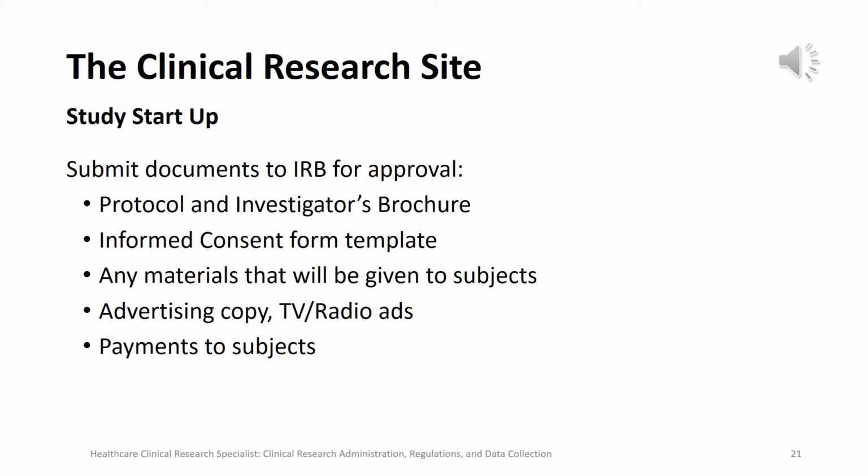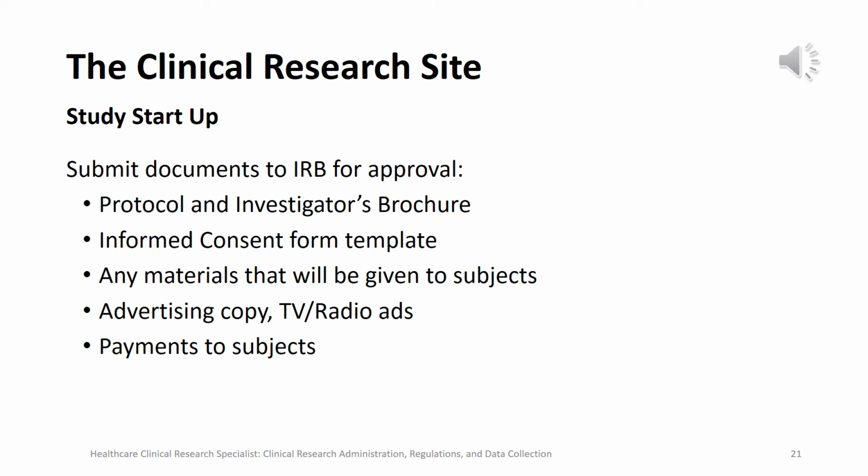Also, any advertising copy that we're going to use to advertise the study, that could be in a newspaper or a newsletter, or maybe a flyer that gets posted someplace. Any TV and radio ads. You hear a lot of TV and radio ads that are advertising clinical trials, looking for patients who want to participate. So all of those need to be approved by the IRB as well.